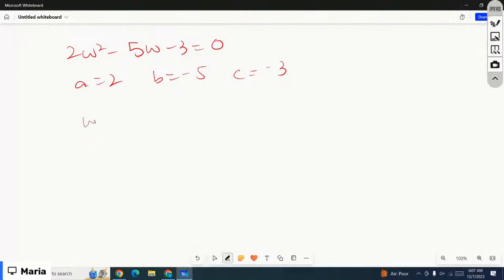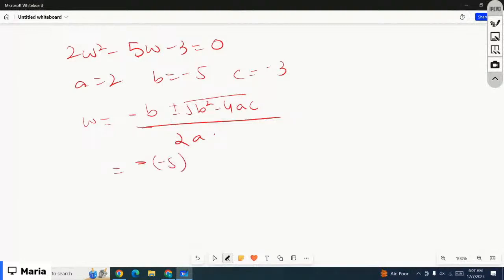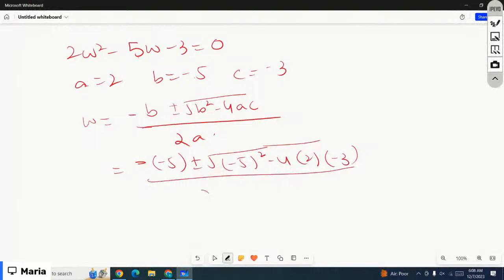The quadratic formula: we have to evaluate for the variable w, that is negative b plus or minus the square root of b square minus 4ac, divided by 2a. Let's substitute the values in the formula. That is negative 5, because b is negative 5, plus or minus the square root of negative 5 square minus 4, where a is 2 and c is negative 3, divided by 2 times 2.